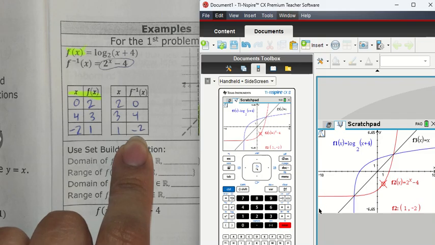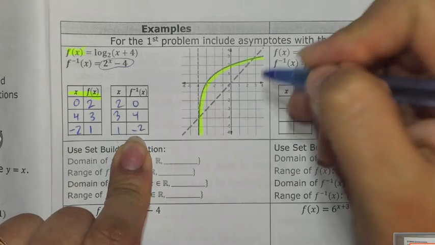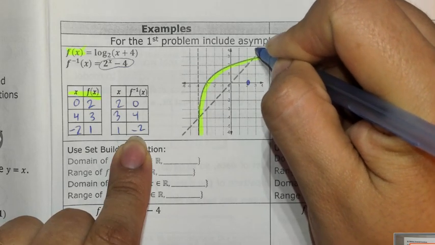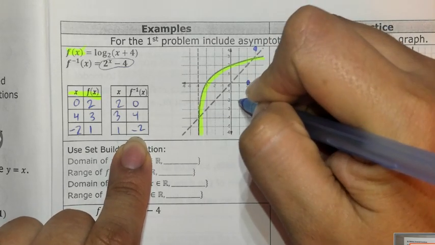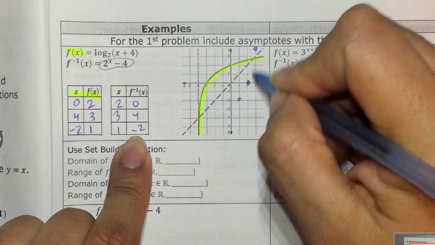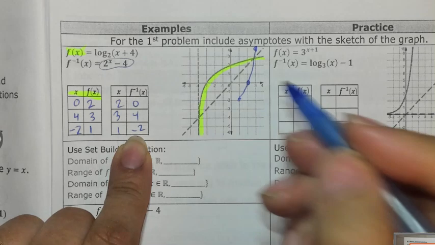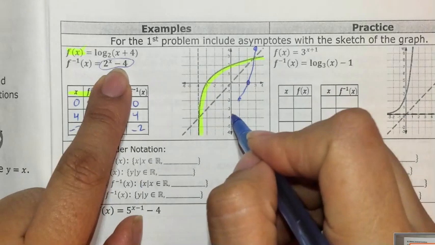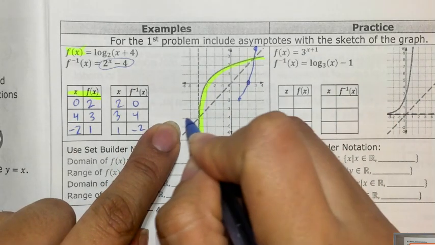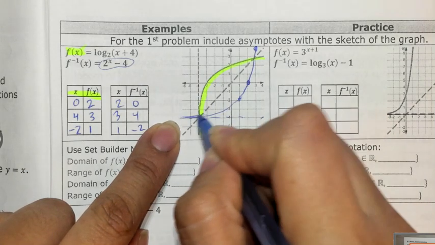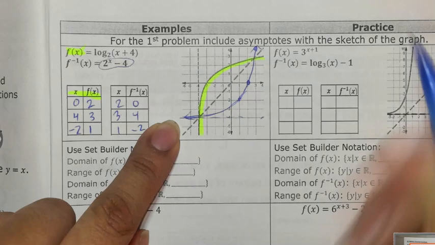So this confirms that these points are the inverse of that. So right here, something like that. And then I believe the asymptote for this will be here at -4. So it's kind of like that.